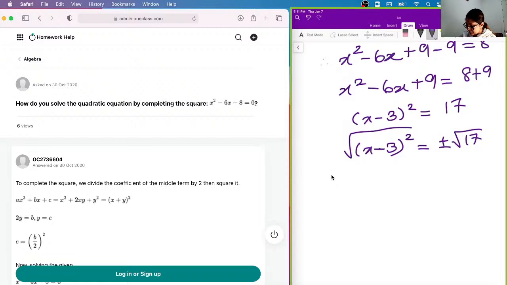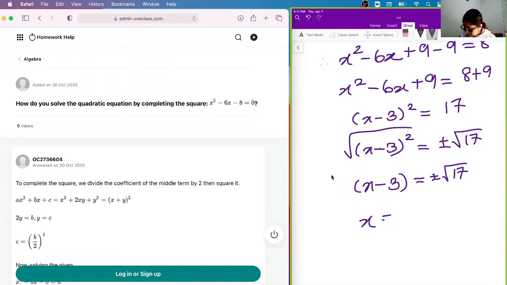And remember that the answer after square rooting would be plus or minus. So since this gets cancelled out, you would basically have x minus 3 is equal to plus or minus square root of 17.